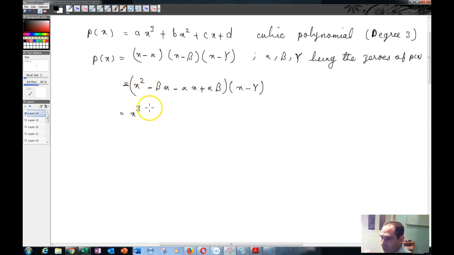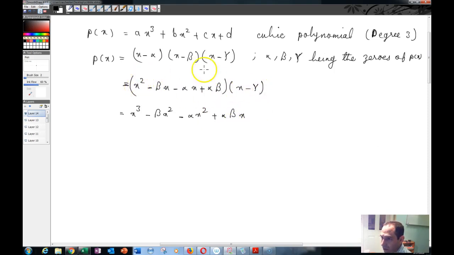Okay, and then if you multiply this as well, you'll get x cubed minus beta x squared minus alpha x squared plus alpha beta x.